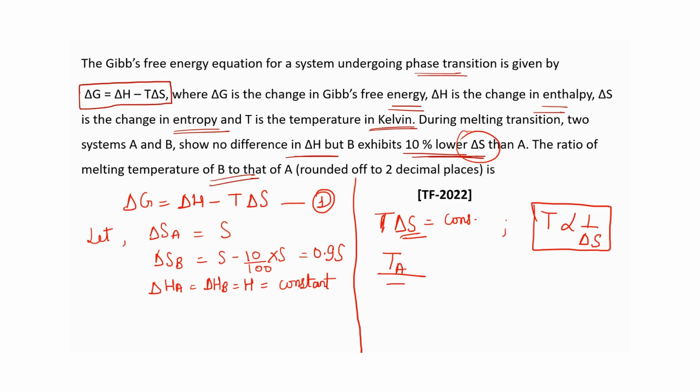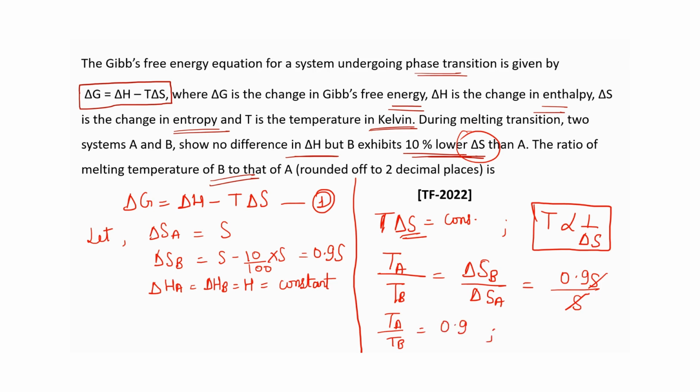T A upon T B is equal to delta S of B upon delta S of A, since it is inversely proportional. Delta S of B is given as 0.9 S upon S. S is cancelled, so T A upon T B is equal to 0.9.